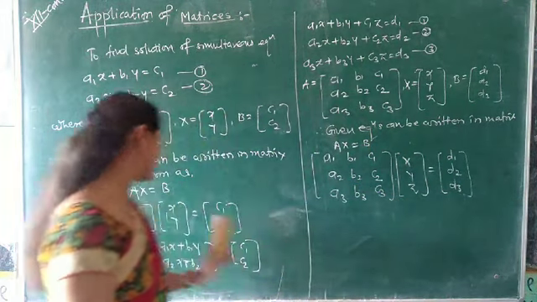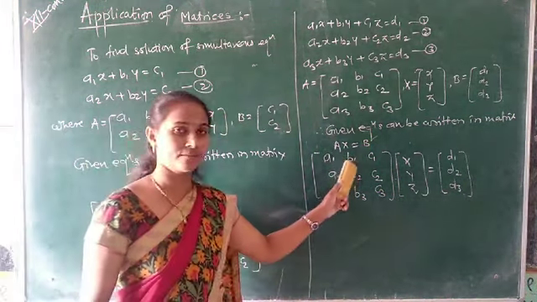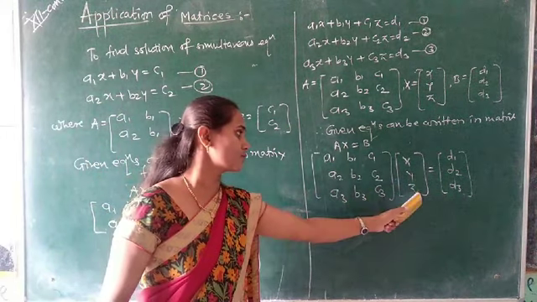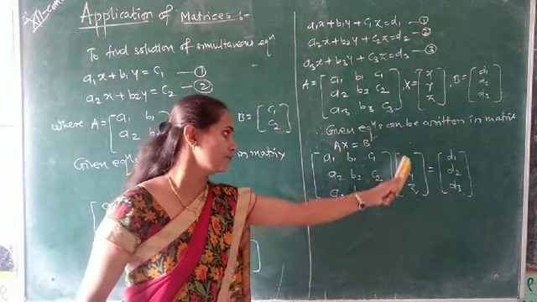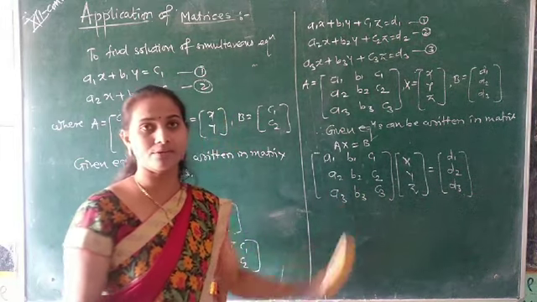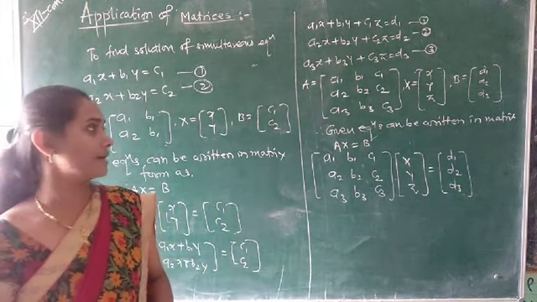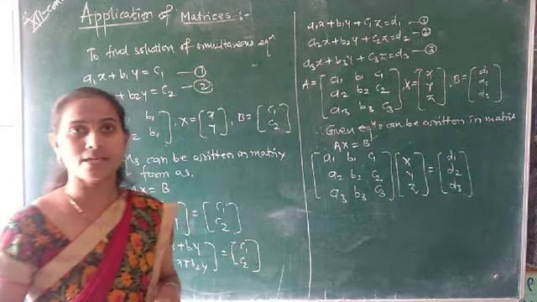When we simplify by multiplication, a1x plus b1y plus c1z, similarly for the other rows, is equal to d1, d2, d3. Again, using equality of matrices, we get the same system of linear equations.